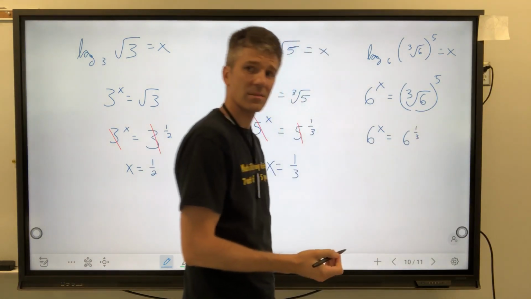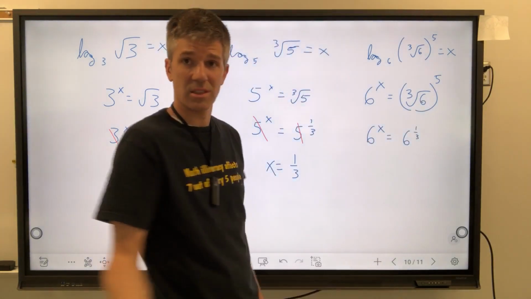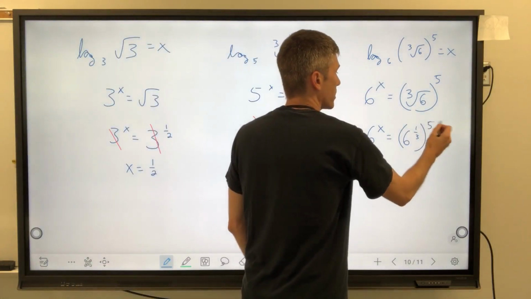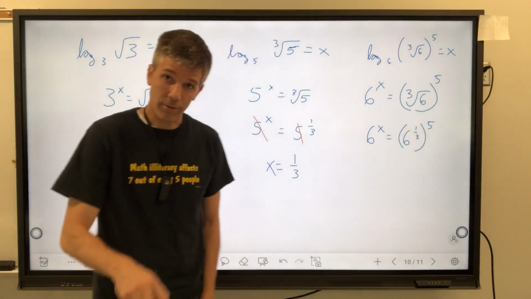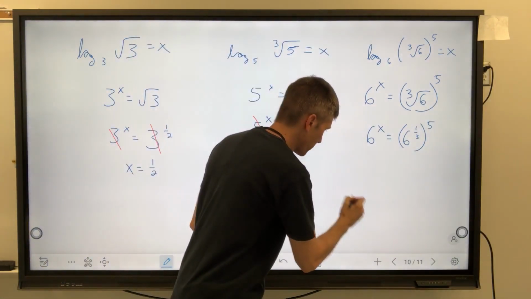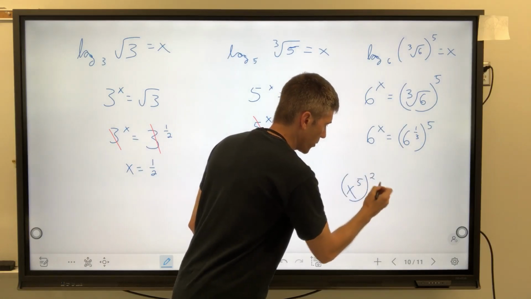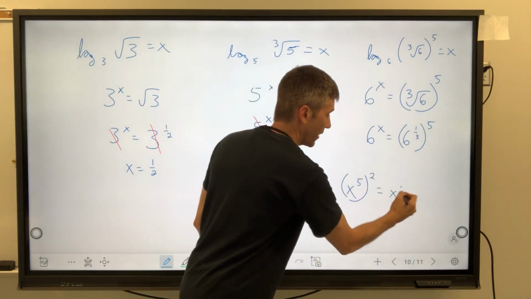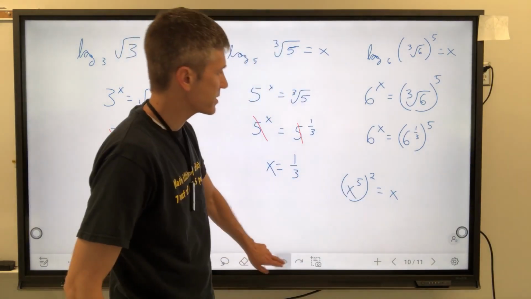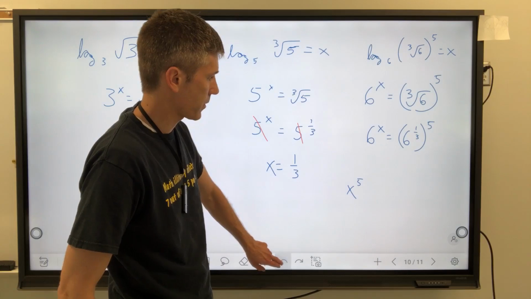I think we could agree that cube root of 6 is 6 to the 1/3. We just saw that same example here. But that is all to the 5th power. And if you have a power to a power, you'd multiply. Again, I've done this before, but if I had x squared and I want x to the 5th and I wanted to square it, I'd have x to the 10 because 5 times 2, 10, right? So I have the same idea going on here.